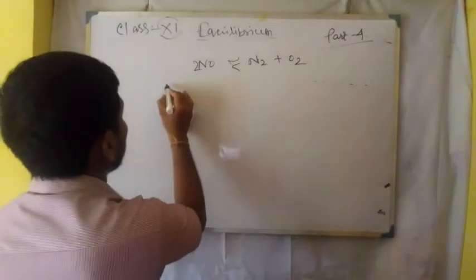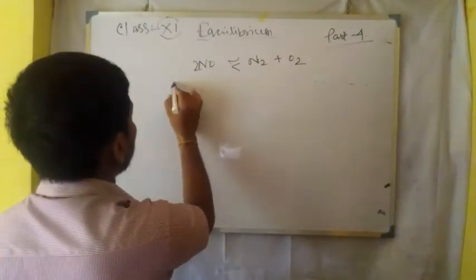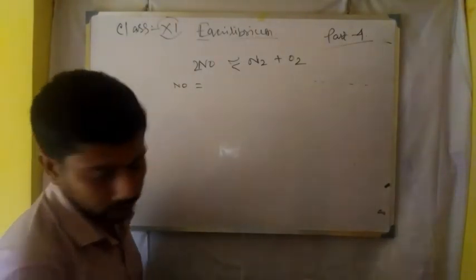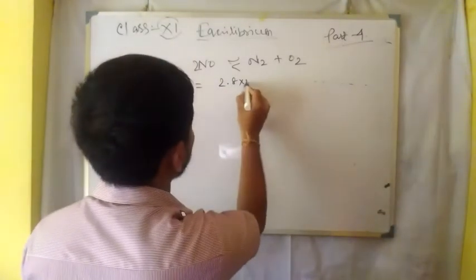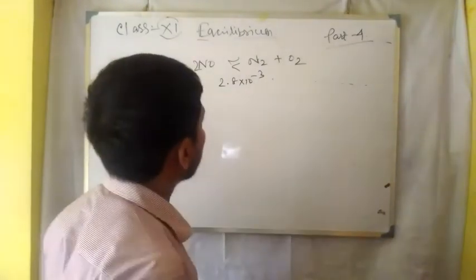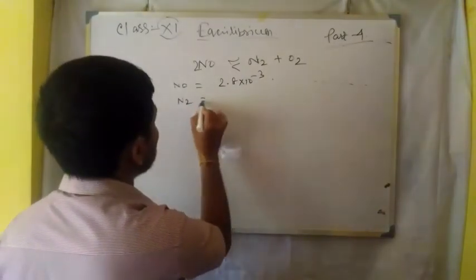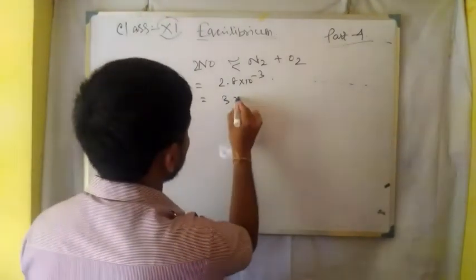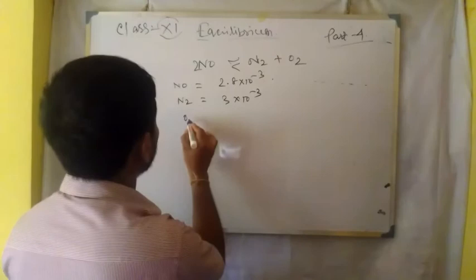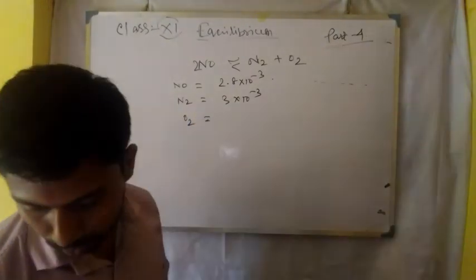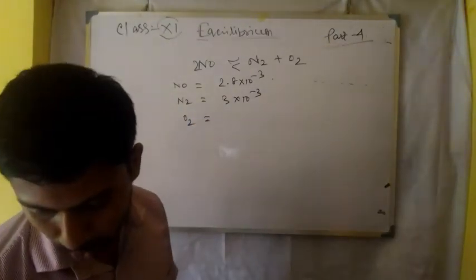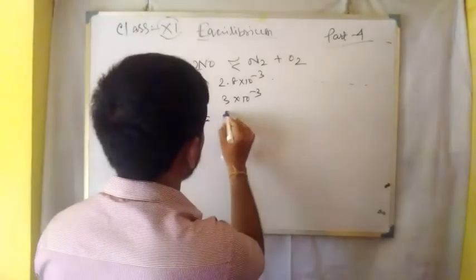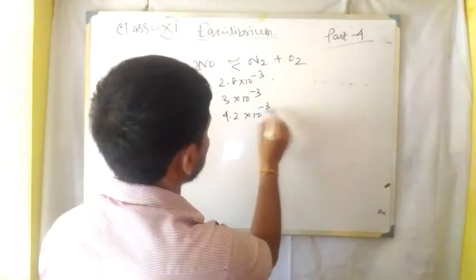The concentration of NO is 2.8 into 10 to the power minus 3, N2 is 3 into 10 to the power minus 3, and O2 is 4.2 into 10 to the power minus 3.